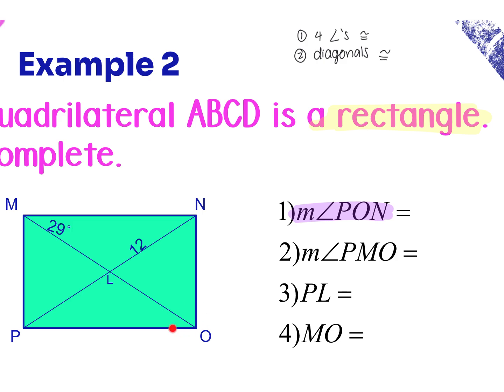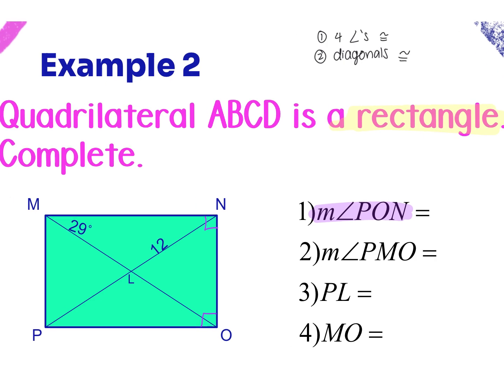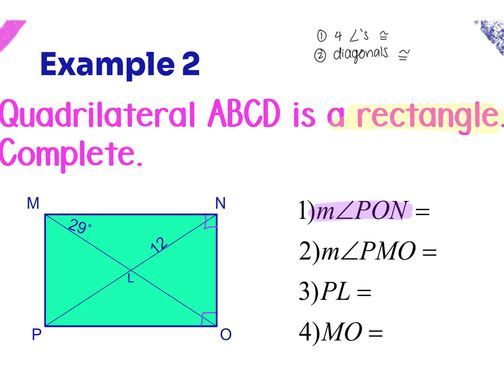Who could tell me what the measure of this entire angle would be? 90 degrees. Your 4 angles are congruent. If I have 4 angles that are congruent, they all have to equal 90. So this is 90 degrees, this is 90 degrees, this one is 90 degrees, and this one is also 90 degrees.